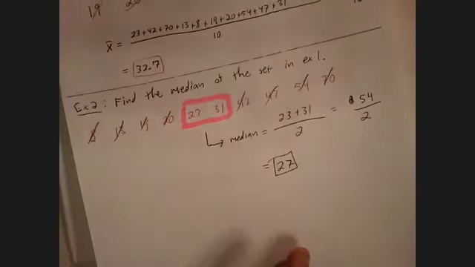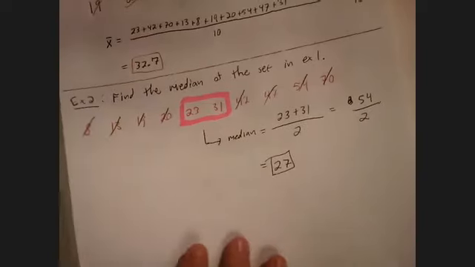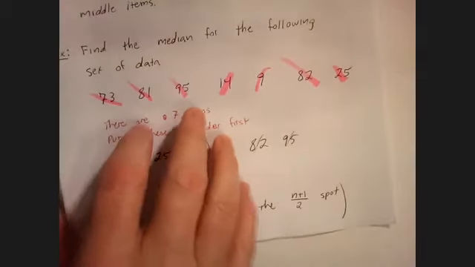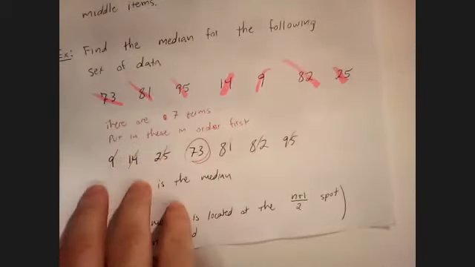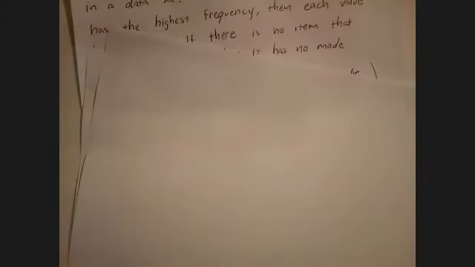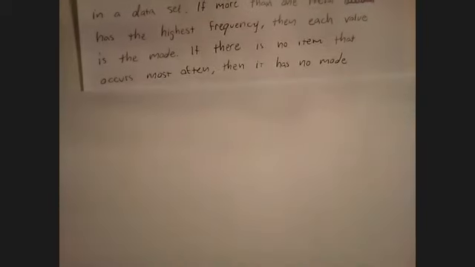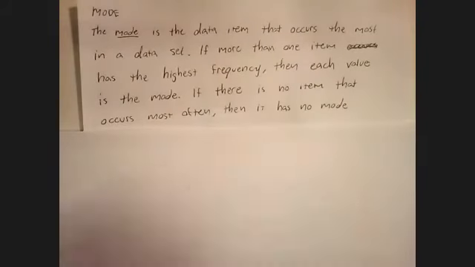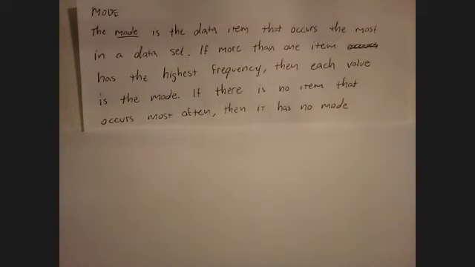Let's look at the next thing, which is going to be the mode. So the mode is the value that occurs most frequently. That is all that means.